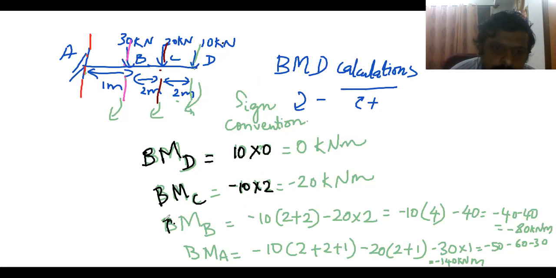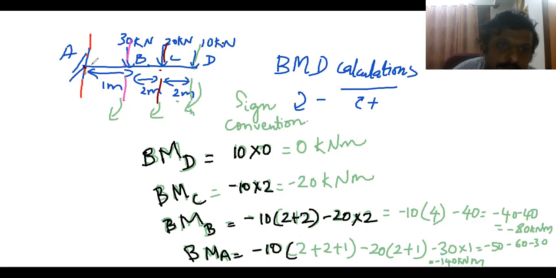Then bending moment at B will be minus 10 into 2 plus 2 and minus 20 into 2 with respect to B. So it added up, and last bending moment at A will be minus 10 into 2 plus 2 plus 1 and minus 20 into 2 plus 1, clockwise is negative, and minus 30 into 1 with respect to A.